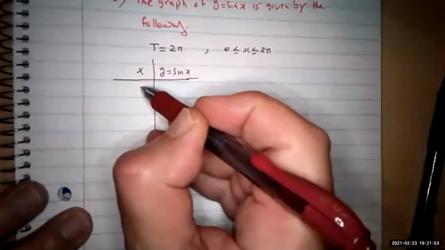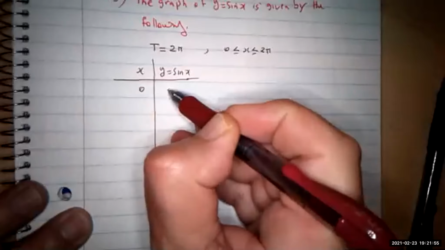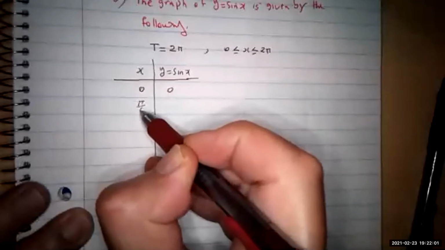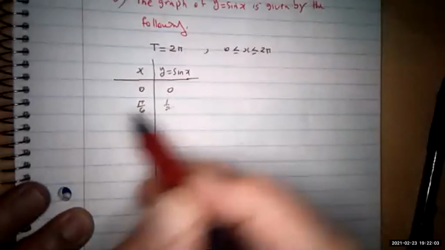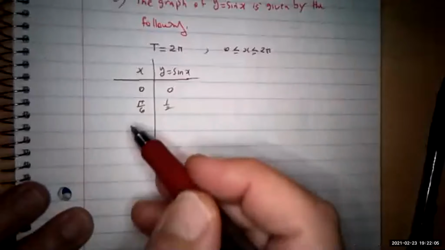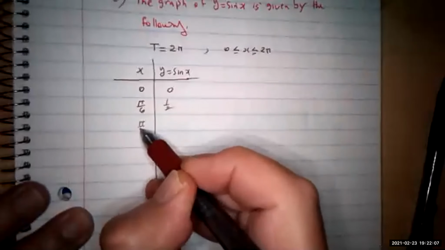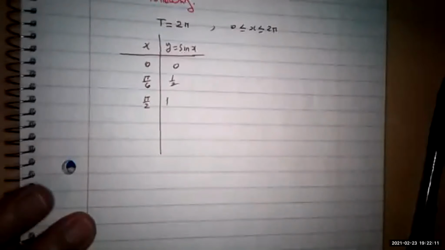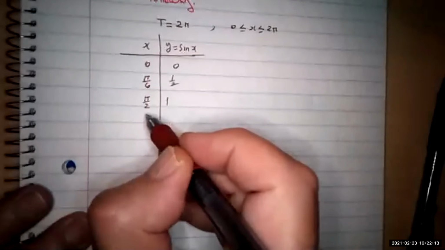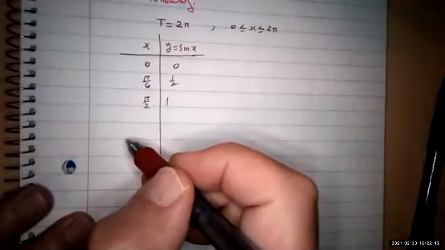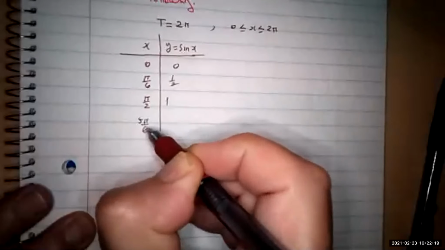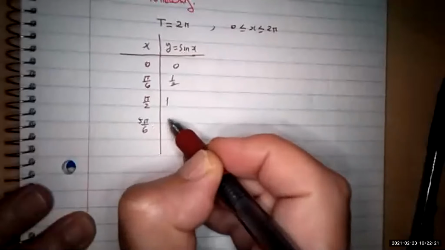I put x equal to 0. The sine of 0 would be 0. I pick x equal to pi over 6 because that's an easy number. The sine of pi over 6 would be 1/2. Then I pick pi over 2, which is an easy number, and that gives me 1. Then I can get some other numbers, for example 5 pi over 6, that gives me 1/2.